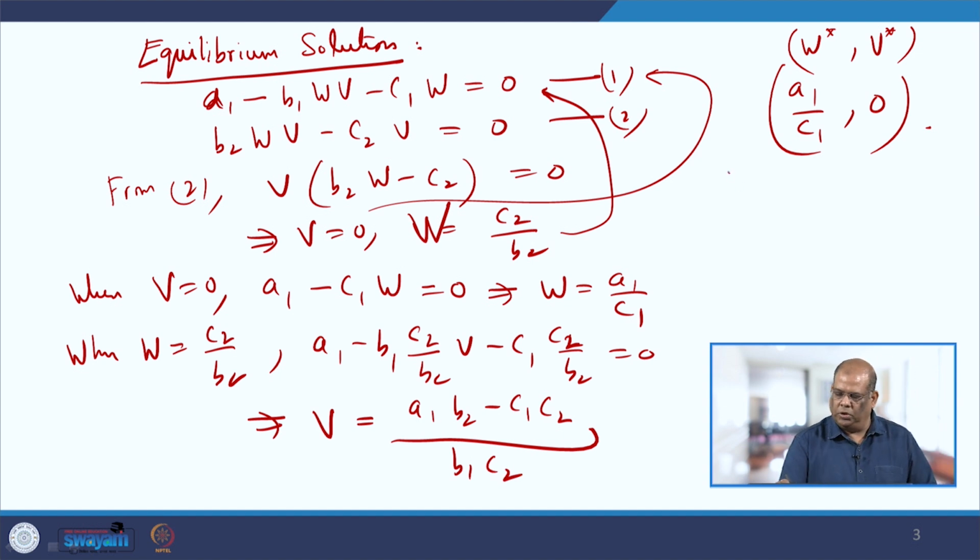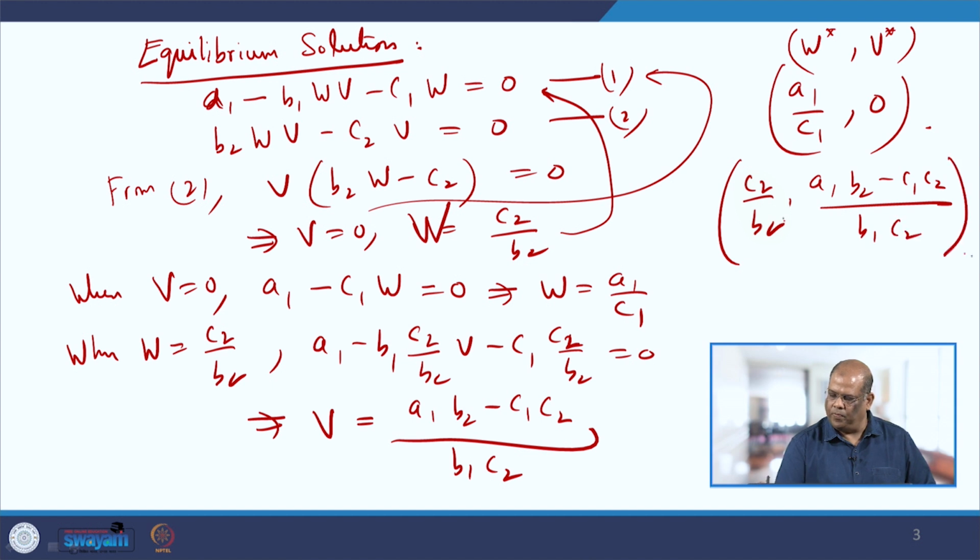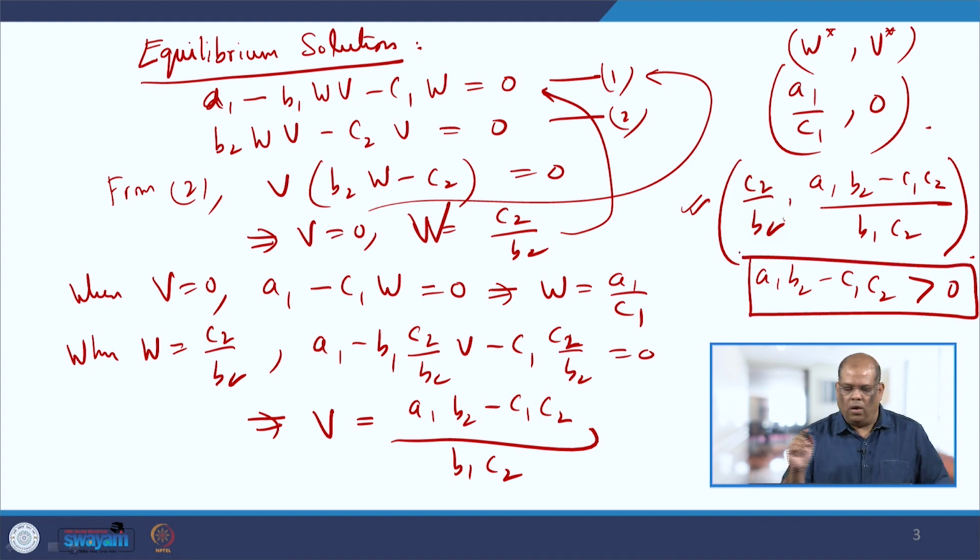So, another solution is C2 by B2 comma A1 B2 minus C1 C2 divided by B1 C2. Now, since this is the water and the vegetation, they cannot be negative. So, for the existence of this solution, A1 B2 minus C1 C2 must be greater than 0. So, we got our equilibrium solution, and next we go for the stability analysis.